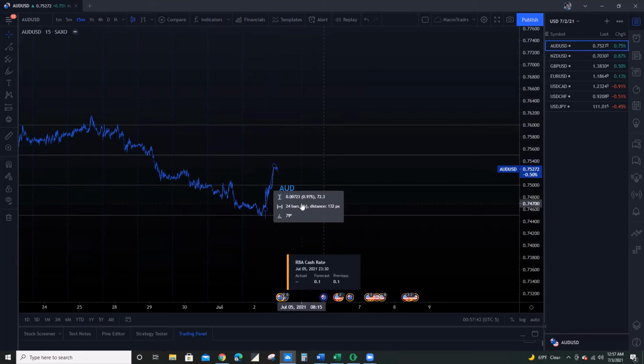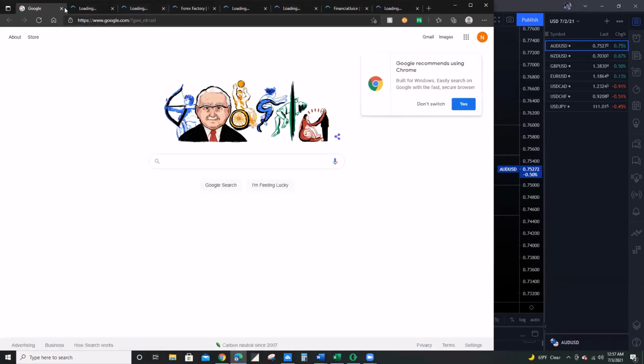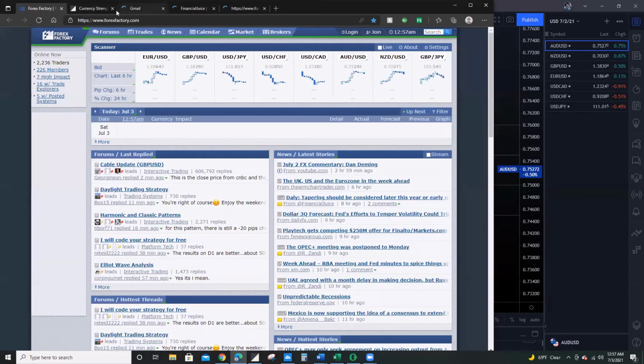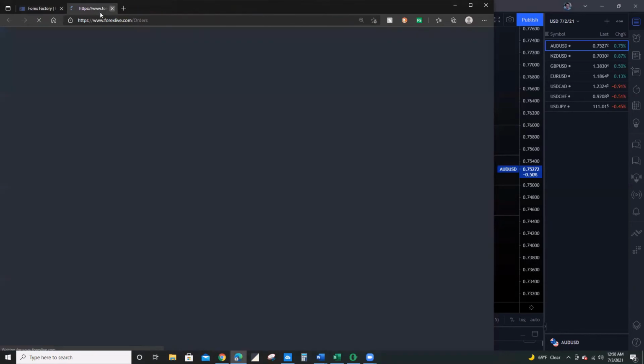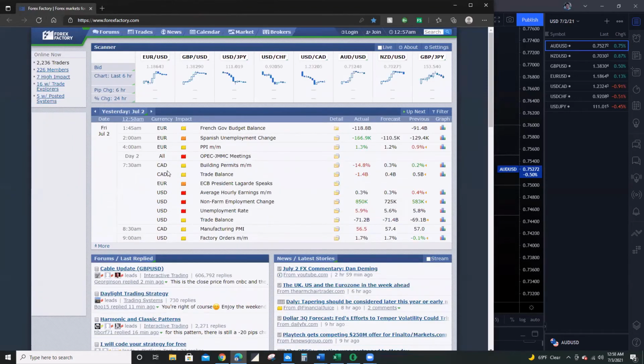As long as the actual versus the forecast has a deviation, because on this one, the release came out at 7:30. How do you know that's what release?